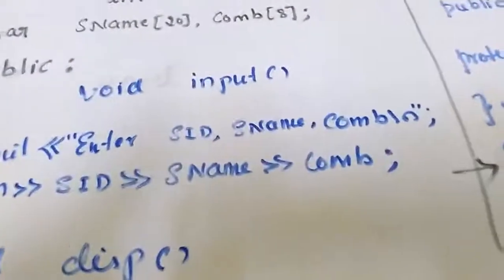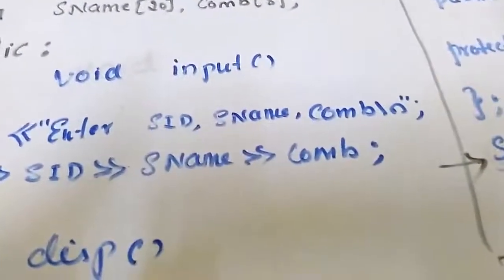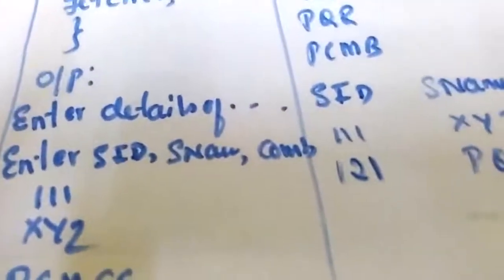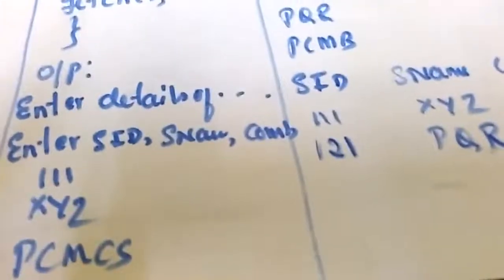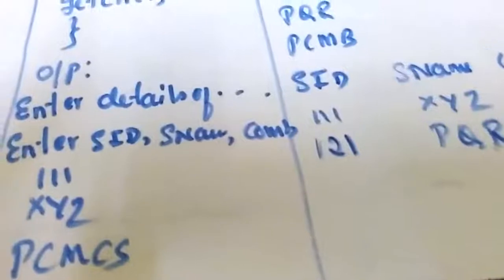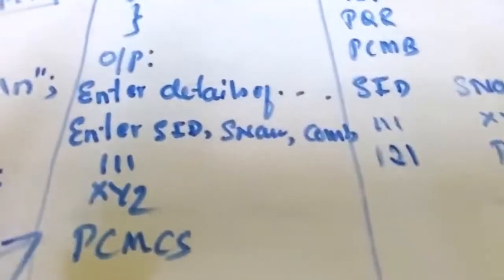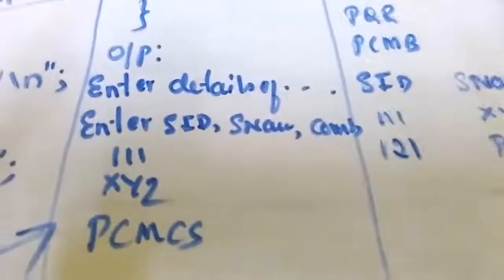What is there in the input function? Enter SID, SName and combination. That would be displayed on the screen. Now the user can give any value for this. SID is integer type, and I have taken 111, SName is a character array string XYZ, and PCMCS as combination.